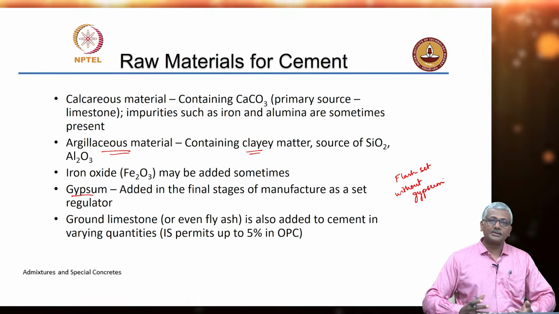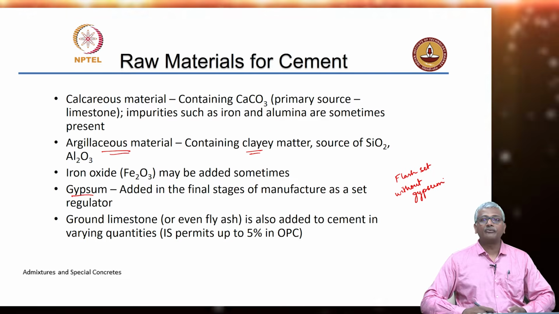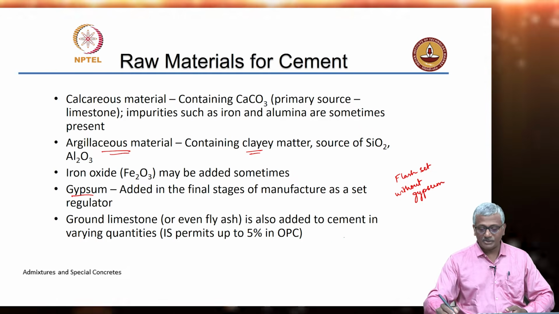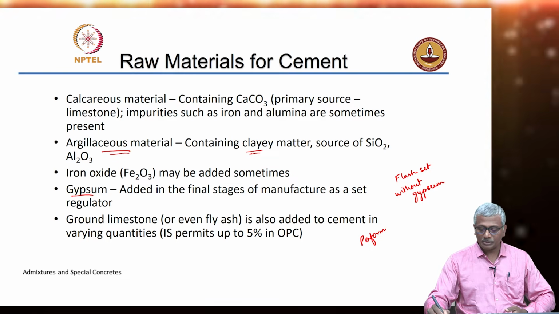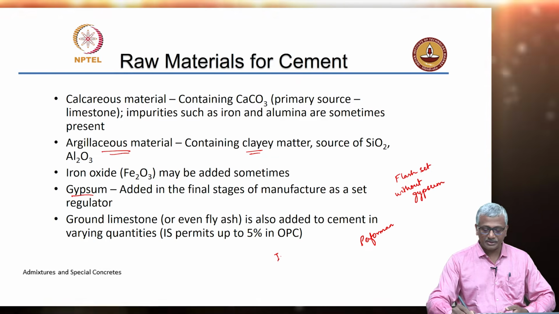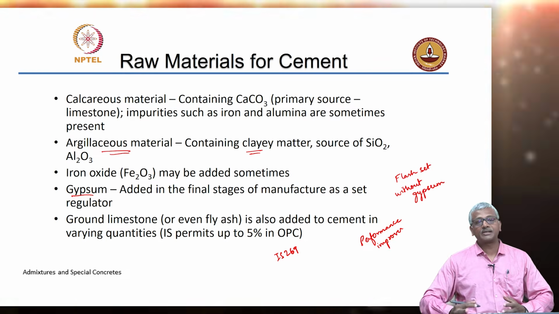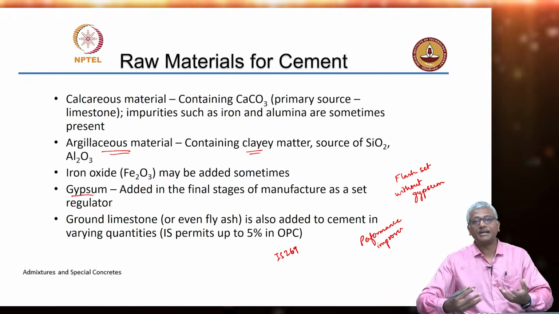And as it turns out, when you are actually adding the gypsum, very often in cement production, we add what is called a performance improver. If you look at IS code on cement, that is IS 269, it allows certain performance improvers to be added alongside the clinker and gypsum in the final stages of cement manufacture, that is the grinding process.